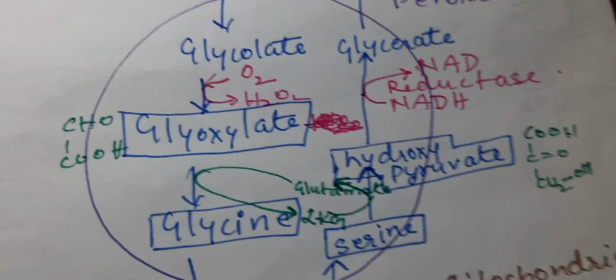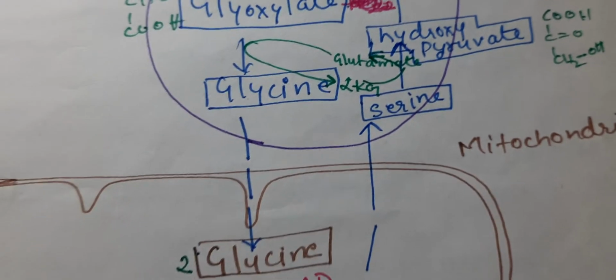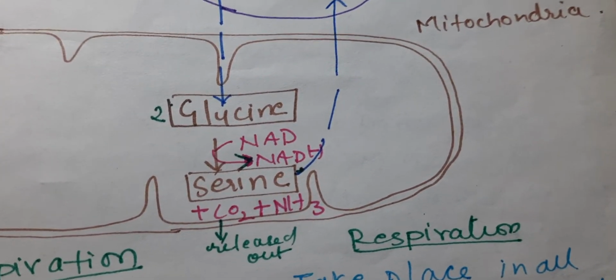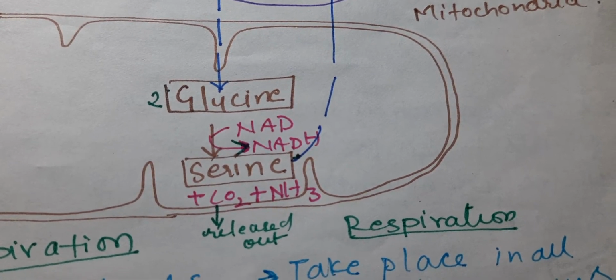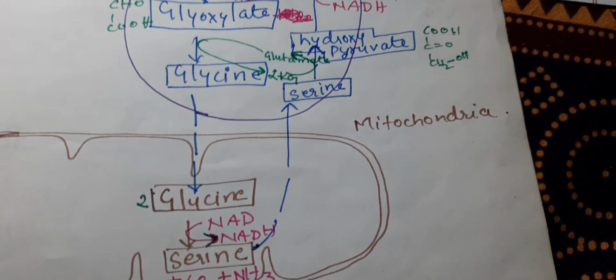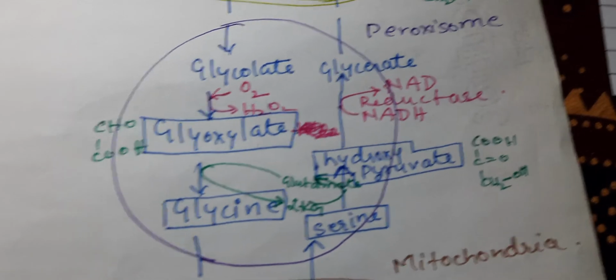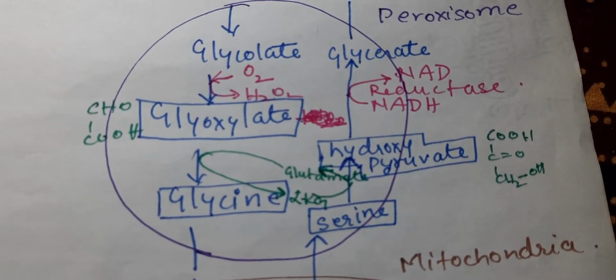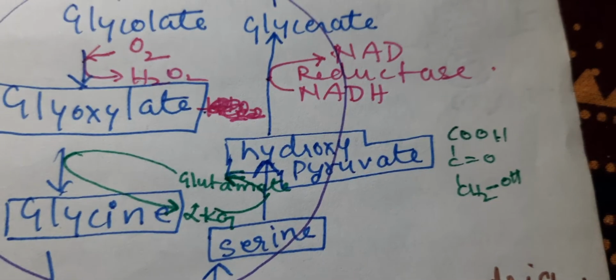With the conversion of glutamate to alpha ketoglutarate, the glycine moves to mitochondria where it gets converted into serine.